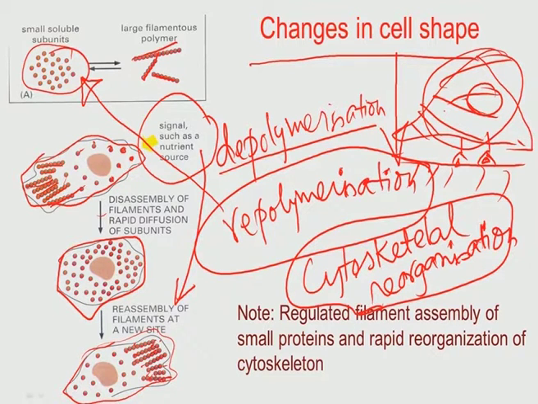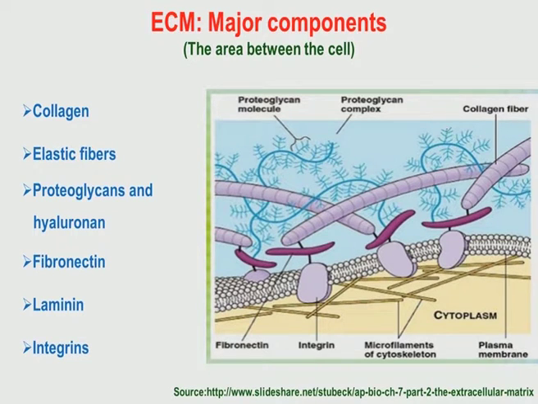I will address this point later, but at this point you might bear in mind that these changes in cell shape due to depolymerization and repolymerization are involved in the cell material interaction, and therefore have their own importance in the overall fate processes of a cell. Other things I have mentioned earlier, that is the extracellular matrix and its importance in the overall cell fate processes.